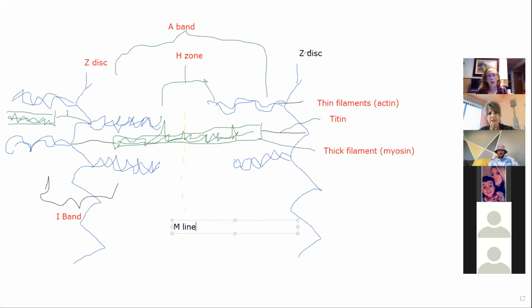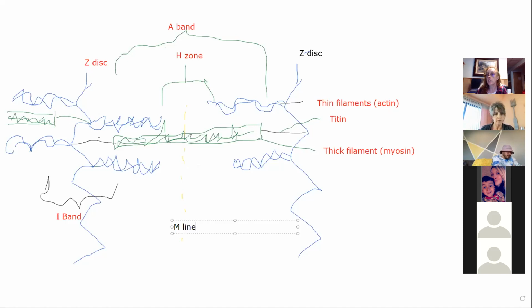Should that go down to the titin or stop where you have it at the filament? You know what? It depends on what figure you look at. As I just had students correct me because their figure showed that it was not like that in their book. Just recognize that what it's doing is connecting the thick filaments to the Z disc. To the Z disc. Okay.